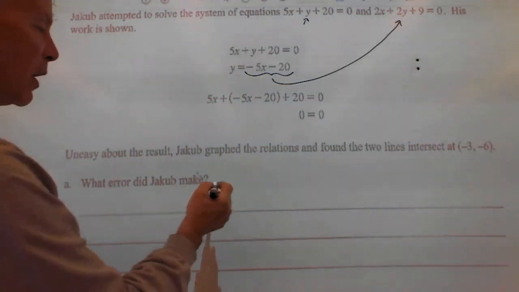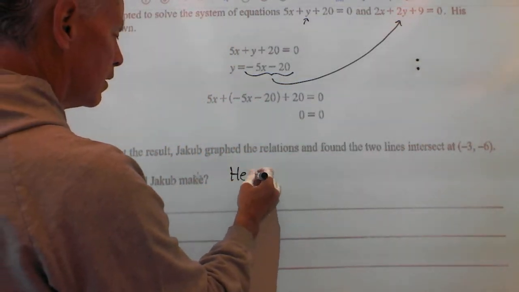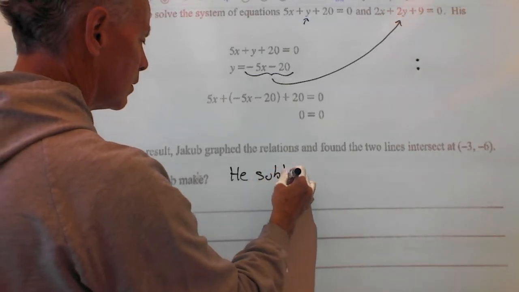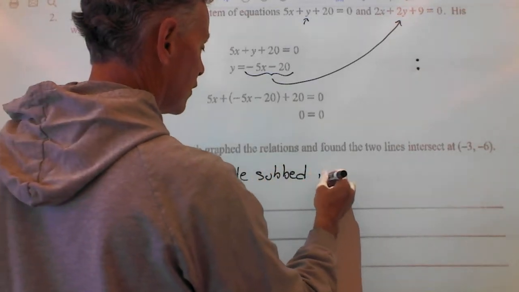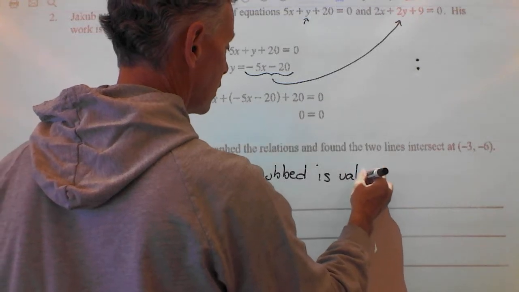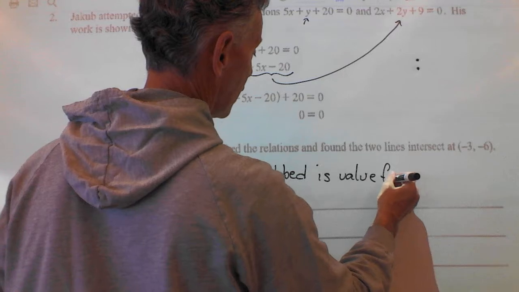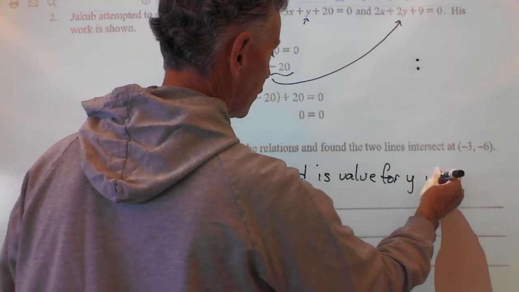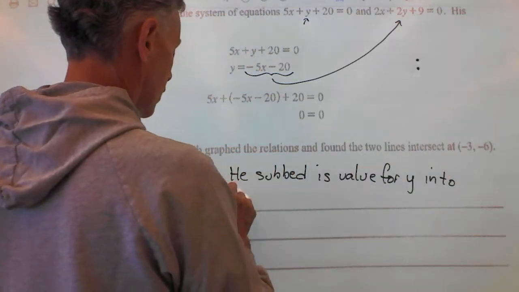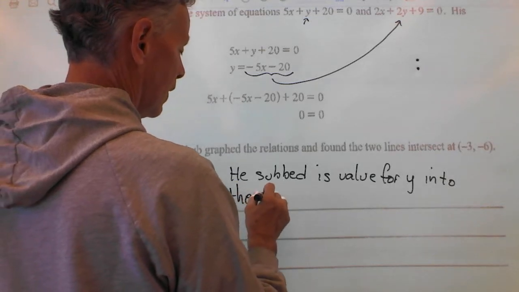So the error he made was he subbed his value for y into the same equation.